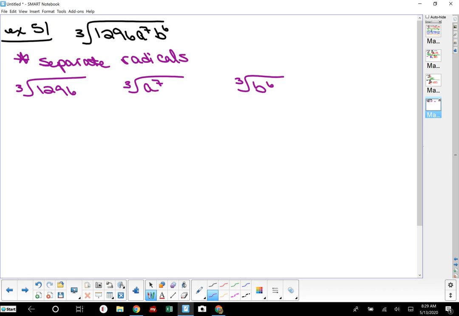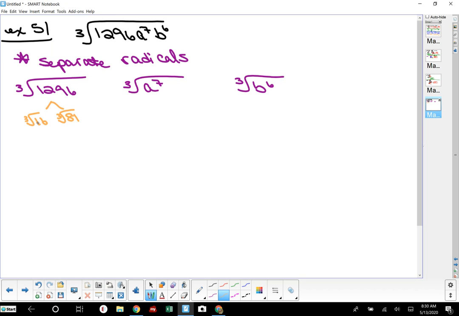Now, if you recall, all we did last time with variables was write them out and circle pairs. Well, now we're going to circle 3. So this is going to be similar, a little different. 1296, I did this earlier, and this is rad 16 and rad 81. And a reminder, this is not the square root of 16, which would be 4, because this is really a cube root of 16 and a cube root of 81, right?